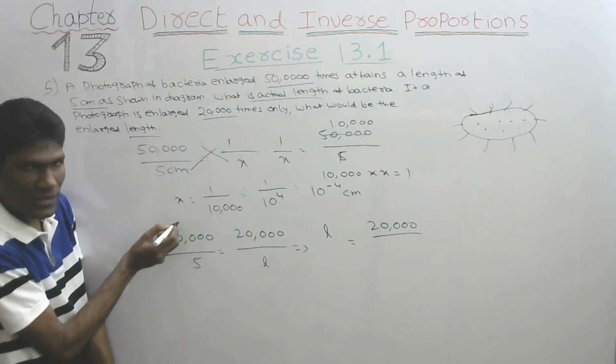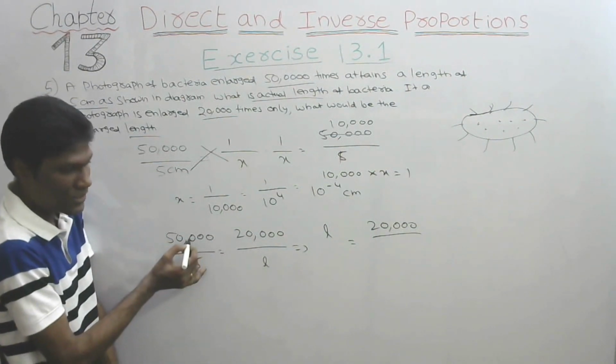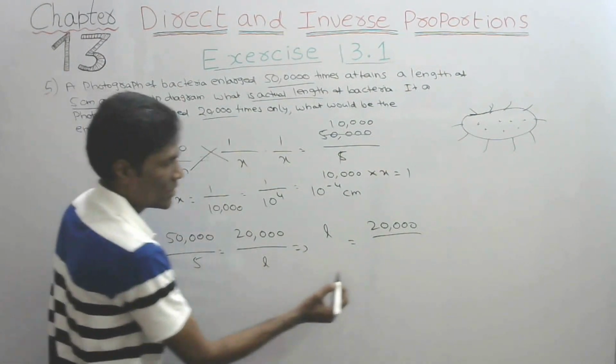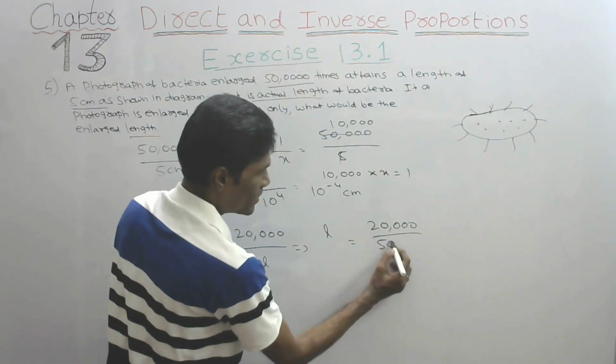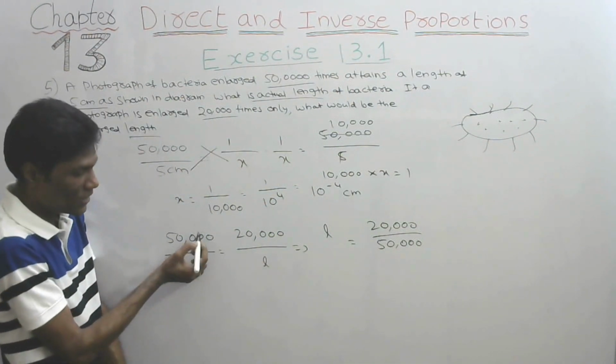This L I have taken to this side, and this 50,000 down here. When it goes to other side, it will go to denominator, so 50,000. This 5 to other side. This is in the denominator.